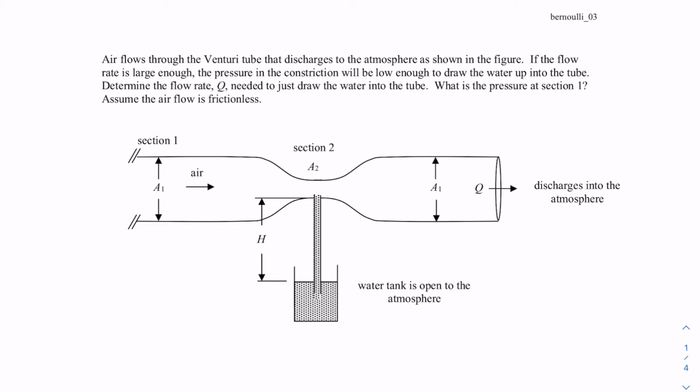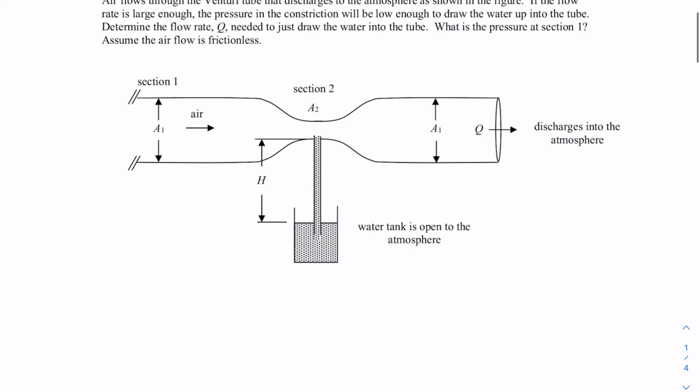From Bernoulli's equation, we can tell that the pressure will then decrease here, and then there is a diffuser section where the fluid coming through this constriction expands and its velocity drops again, so the pressure increases again due to the Bernoulli equation.